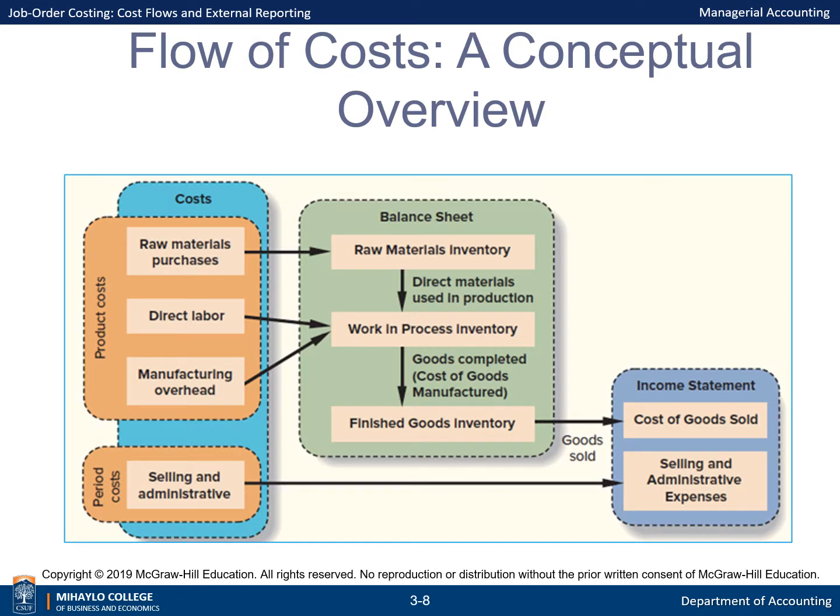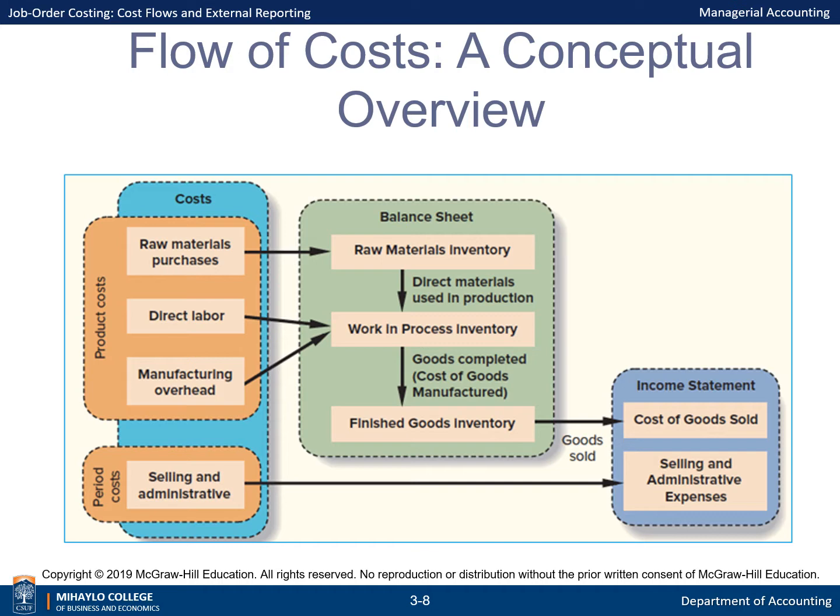Raw materials purchases are recorded in the raw materials inventory account. When direct materials are used in production, the costs are transferred to the work in process inventory account. Direct labor costs are added directly to work in process. Manufacturing overhead costs are applied to work in process by multiplying the predetermined overhead rate by the actual quantity of the allocation base consumed by each job.